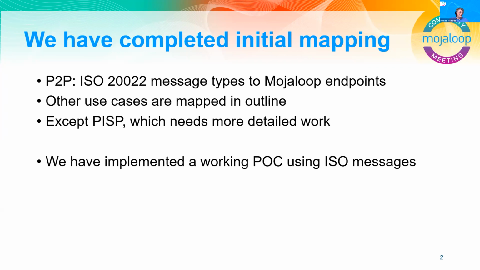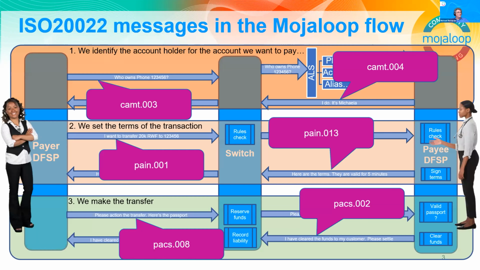We've mapped other use cases in outline, and we've also identified that the way in which we're doing PISP will need more detailed work in order for us to be able to incorporate it into an ISO 20022 based system. We've also implemented a working proof of concept using ISO messages. You saw a demonstration, I hope, yesterday of the hackathon. So we're in a reasonably good place at the moment.